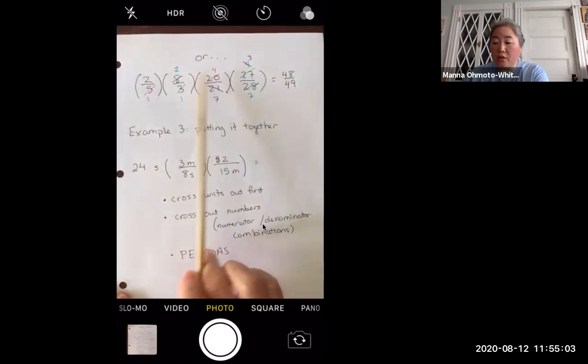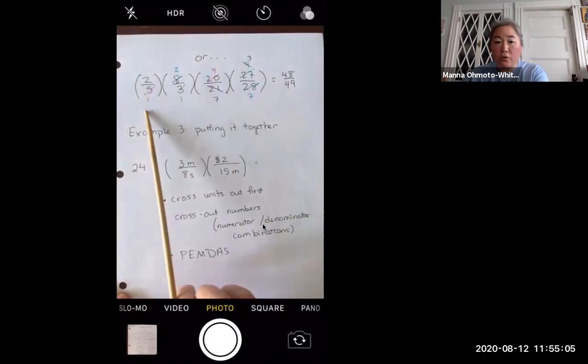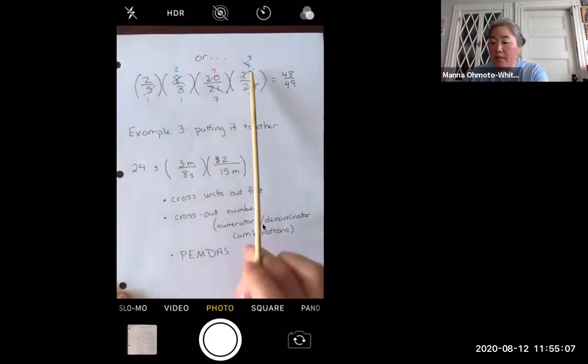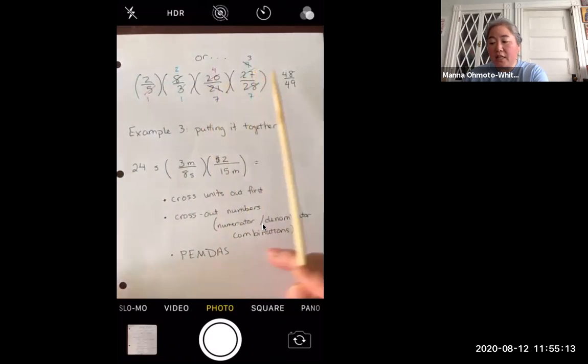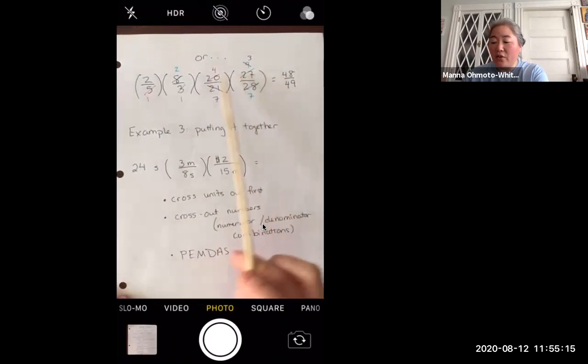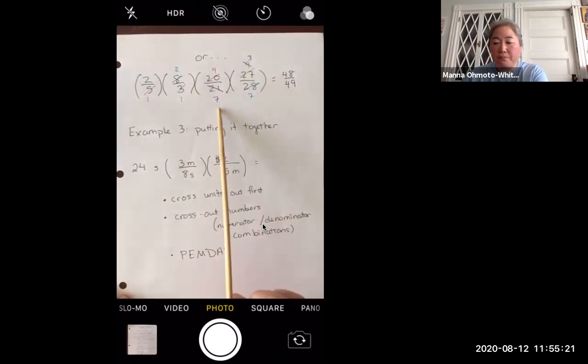And my 20 over 5 can reduce to 4 over 1. My 27 over 21 can reduce to 3 over 7. And actually I did before that. My 27 over 3 reduced to 9 over 1, and then I reduced the 9 over 21 to 3 over 7. And I get 48/49.